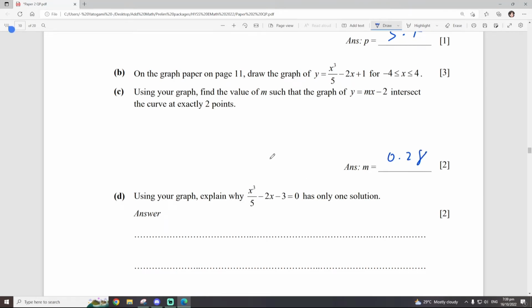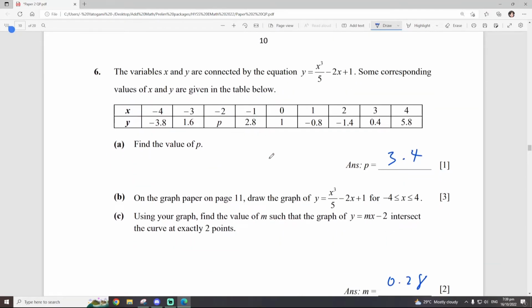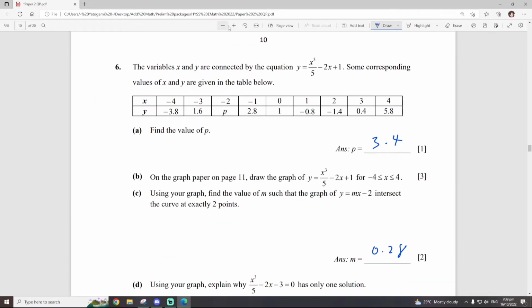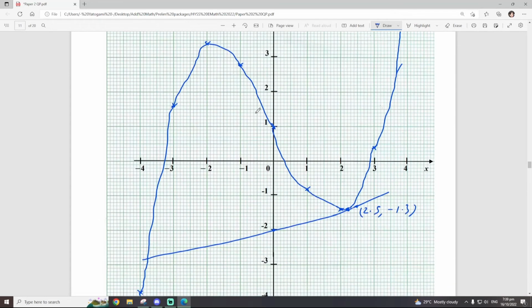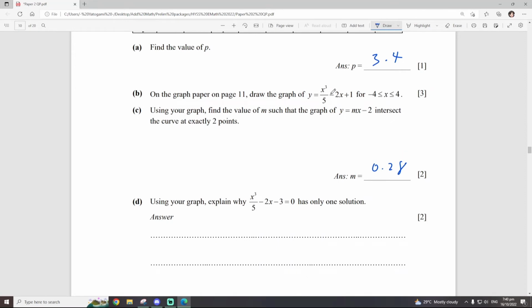Using your graph, explain why this has only one solution. For this, we need to consider, did I zoom in? Okay, there you go. We might want to consider the fact that we drew this graph, and to make this equal to 0, we write x cubed over 5 minus 2x plus 1.